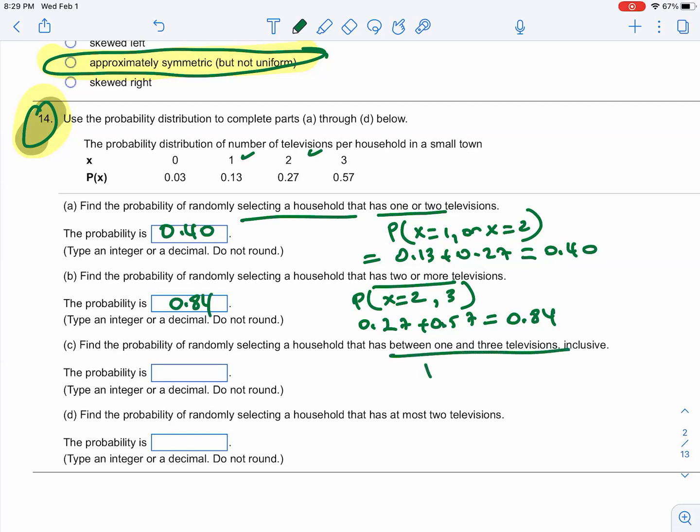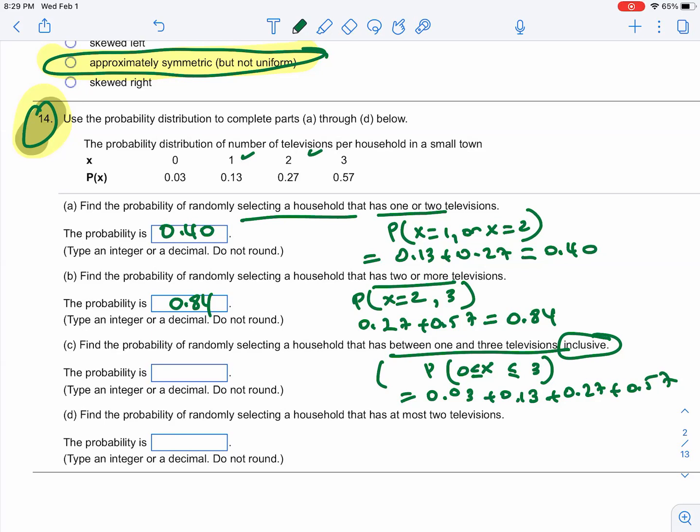Between 0 and 3, so the probability that X is between 0 and 3 inclusive. So all of that, 0.03 plus 0.13 plus 0.27 plus 0.57.